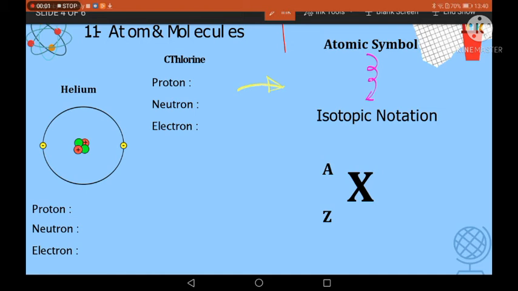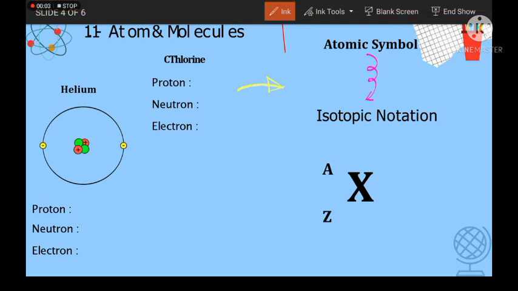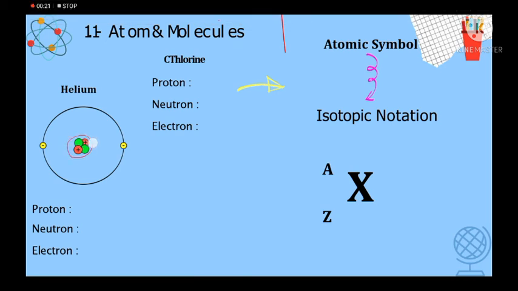So we already know about all the terms involved in this subtopic. Now we go to the first lesson, which is what is atom. For example, here I give you an example of helium atom. Helium consists of a nucleus. Inside the nucleus we have proton, positively charged, and neutron, which is neutral, and electrons circulate around the orbital.